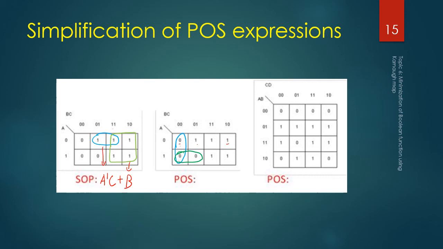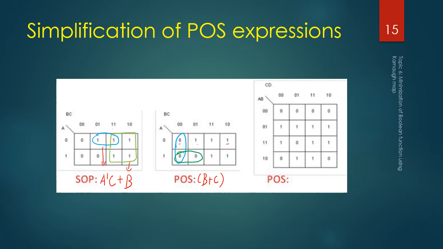Now to write the POS for the blue group, again we check which variable is changing and which is not. Here B and C are not changing, and B equals 0, C equals 0. So this time, equal to 0, we should write in uncomplemented form. So this equals B or C for the blue grouping.